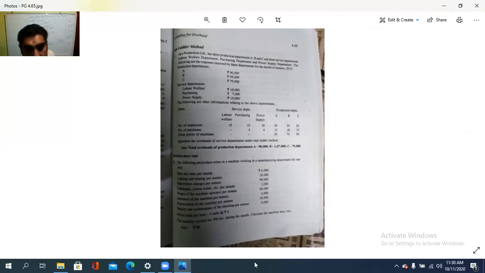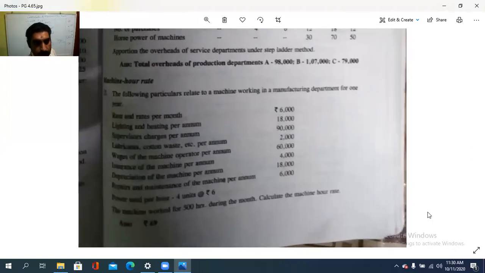See here, we will do this problem. Following particulars relate to a machine working in a manufacturing department for 1 year.